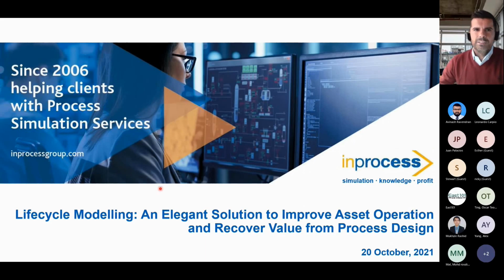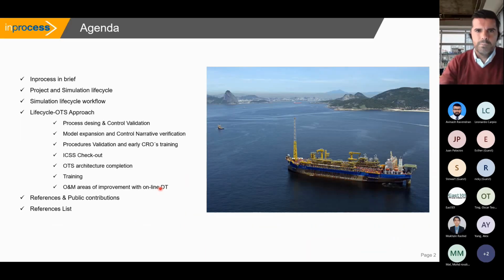So today, what we are going to propose is this agenda. Just so as not to take too much time, I would like to provide a little bit of introduction about Inprocess and our commercial partnership with Malaysia and the Asia Pacific region, and of course going directly through the topic.